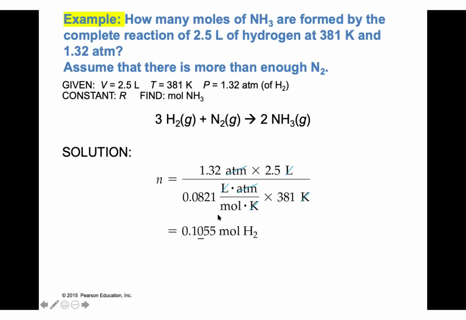If you pay attention, we don't round until the end of the question. Just make sure. And then what should we do, guys? We found the moles of H2 here. You might ask, okay, I found the moles of H2, but they still ask me for moles of NH3.